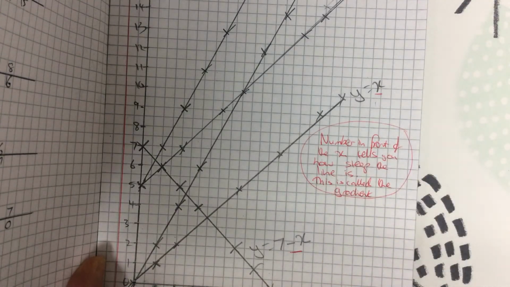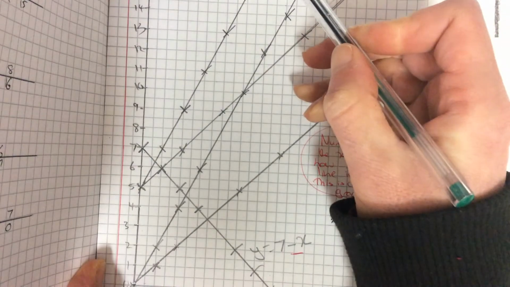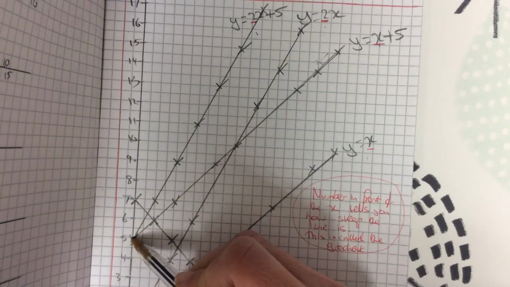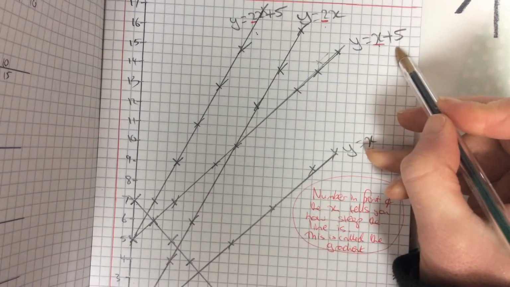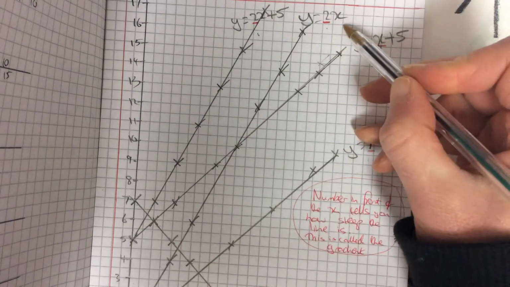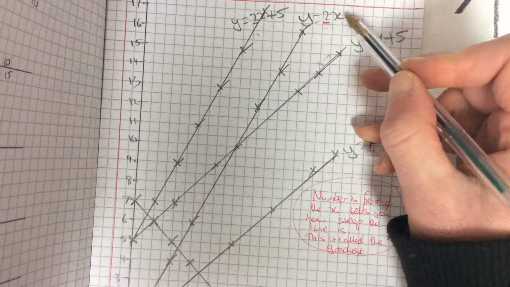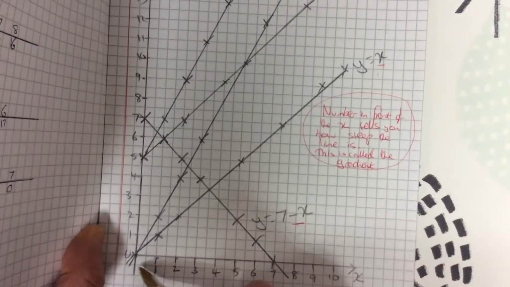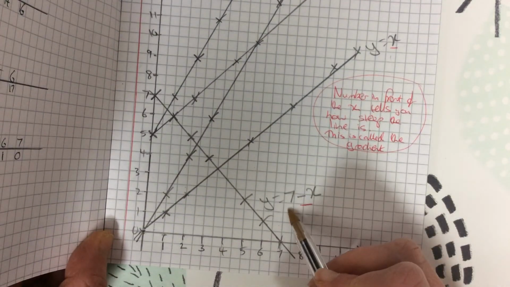And the last thing I want you to notice, do you see this here line that ends in a 5? It goes through 5. Do you see this other line that ends in 5? It goes through 5. Do you see this here doesn't have a number, so it goes through 0. See, this one doesn't have an end number, it goes through 0. And you see this one here, it's got the number on its own is a 7.